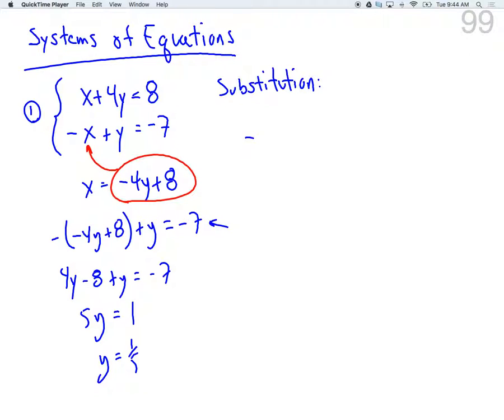So negative x plus 1/5 is equal to negative 7. So negative x is equal to negative 7 minus 1/5, which is negative 36/5. So x is equal to 36/5.